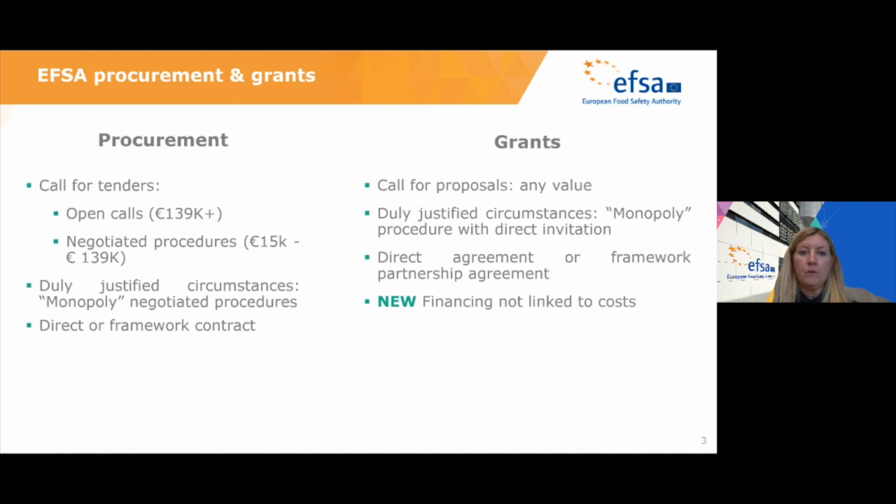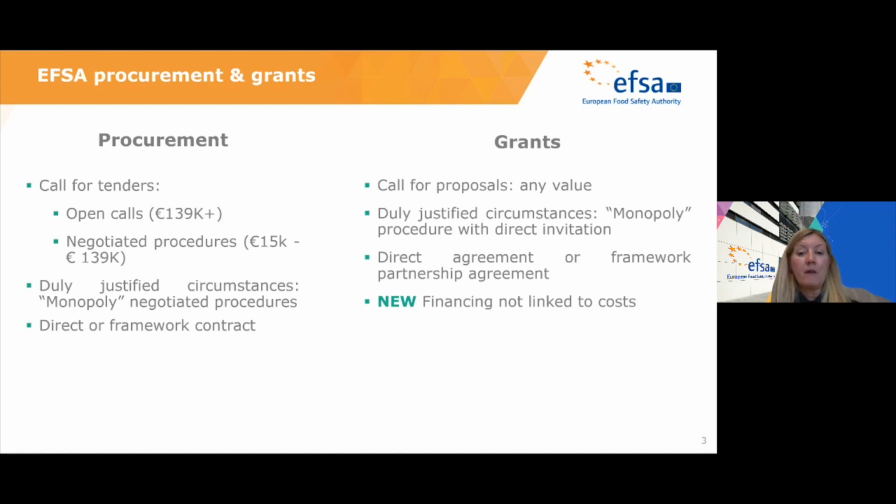Similarly with procurement, we receive applications for grants, we will evaluate them, and the evaluation committee will propose the award of the grant agreement. And the grant agreements take two forms, either a direct agreement or a framework partnership agreement. The direct agreement, again, is for a fixed duration, for a fixed amount of contribution, which is determined in the estimated budget.